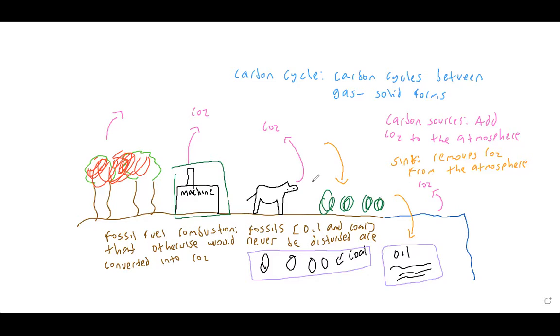One, we can stop burning as many fossil fuels, switching from, for example, coal-based power plants to nuclear or other renewable energy. We can switch motor vehicles to more electric or hybrid.